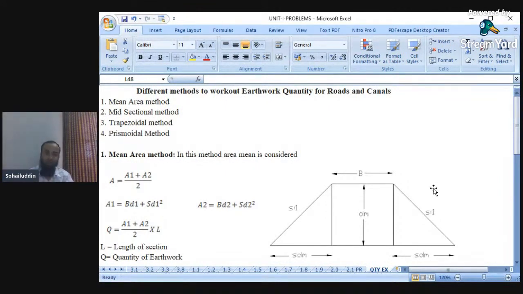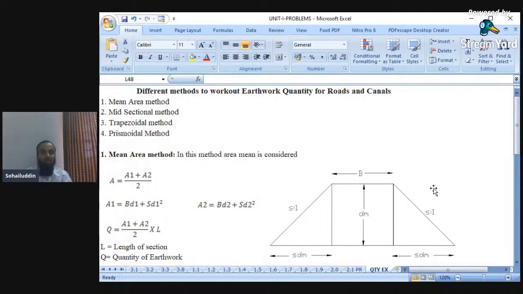There are various methods. These four methods are important. The starting two methods are the most commonly used: the mean area method and the mid sectional area method. It is also called the mid sectional method, or simply the mid sectional method and the mean area method. Third is the trapezoidal method, and fourth is the prismoidal method.